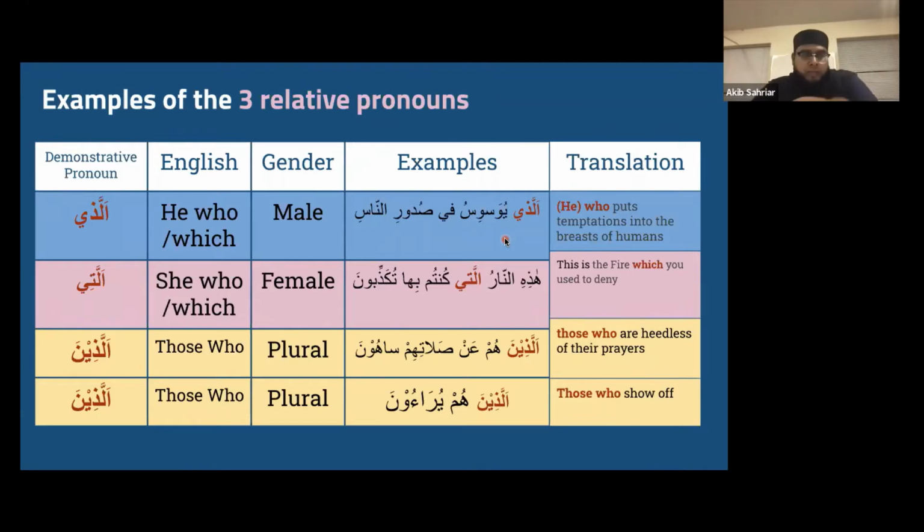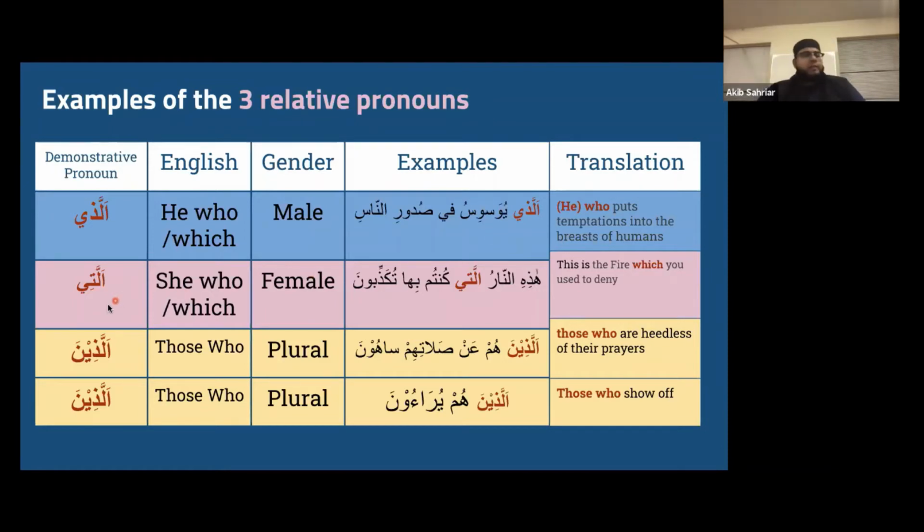The noun is not mentioned in this verse, but it's mentioned in the previous verse. So alladhi is now referring back to that noun, who is shaitan. As we all know, shaitan is the one who whispers into the hearts of mankind. So alladhi, he who puts waswasa, or puts temptations, into the breasts of humans.